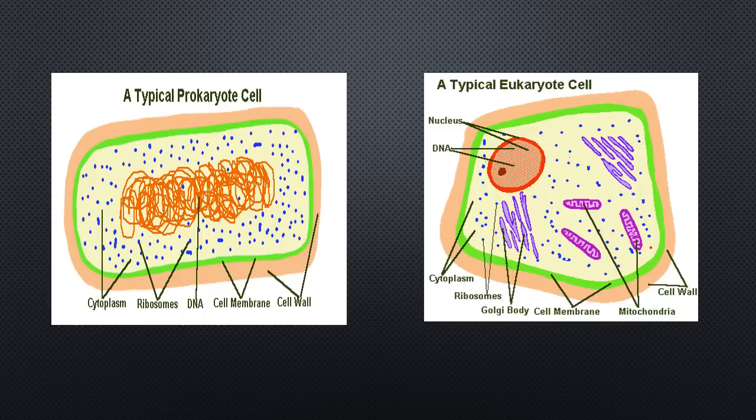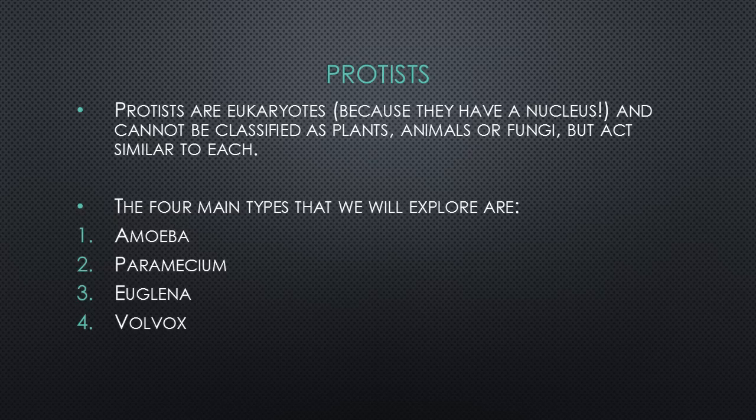Whereas the prokaryotic cell just has the DNA, some ribosomes, cytoplasm, cell membrane, and cell wall, and that's it. So protists are eukaryotes because they have a nucleus, and they cannot be classified as plants, animals, or fungi, but they act similar to each of those.